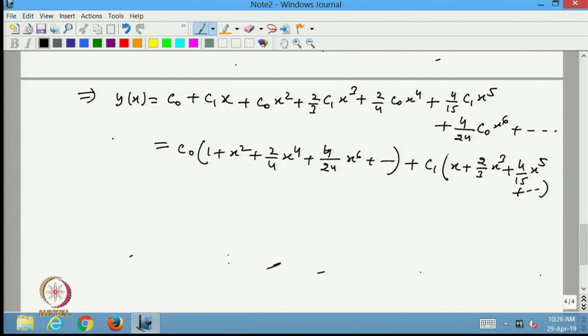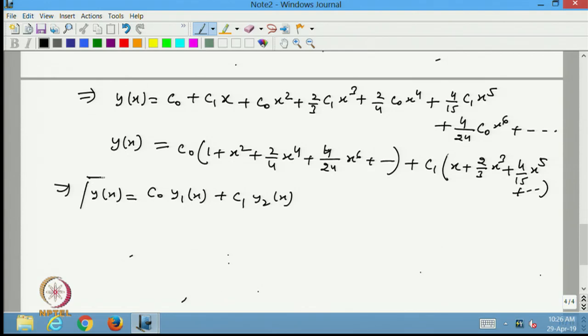So, in this case I will get the solution Yx. So, Yx is a general solution of the equation. Once I know the general solution of the equation, then I can write Yx is equal to, now C0 and C1 are the arbitrary constants, so I can write it as C0 times a function, y1x, plus C1 times y2x.